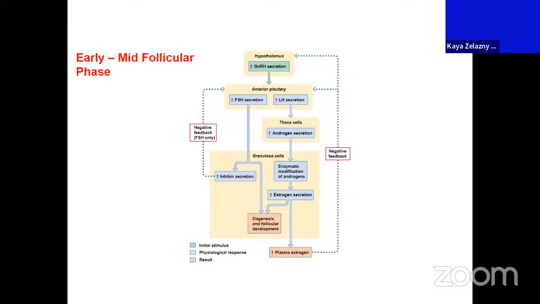We're keeping those levels down so that we can have a really marked spike triggering ovulation. So until those cells are ready and developed enough for us to have a good functional egg cell released from a mature follicle, these negative feedback loops keep the levels of these hormones from the anterior pituitary down.